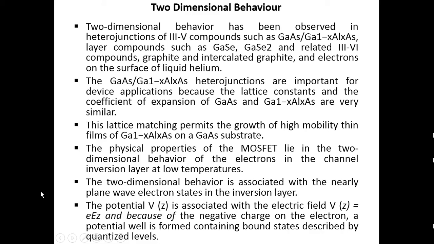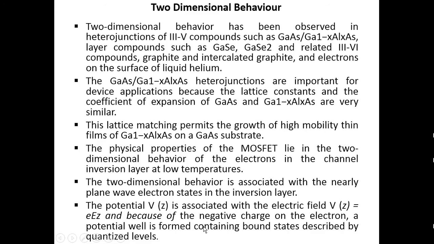So this potential Vz, which is associated with the electric field, is equal to E into Ez, because of the negative charge on the electron, and a potential well is formed.